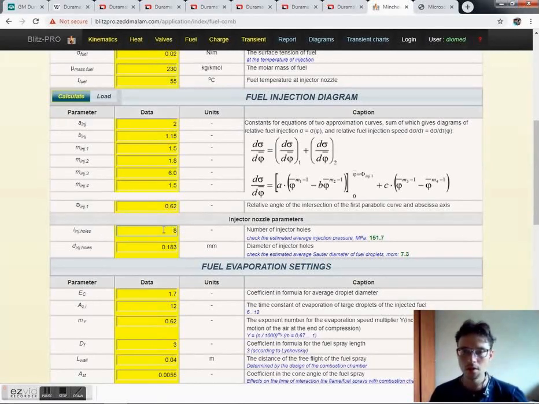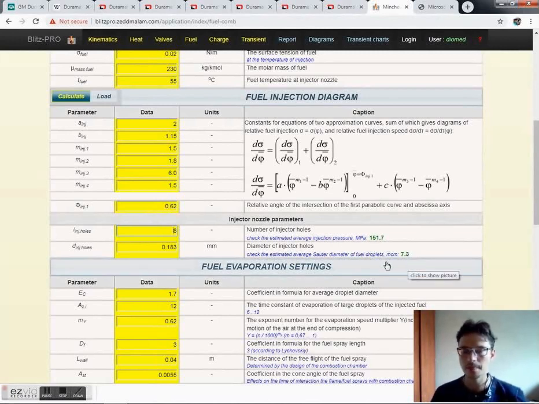So once again, when we choose the fuel injector parameters, it is important to look at the estimated fuel injection pressure and at the estimated value of fuel droplet size, which both have a great influence on the combustion process.